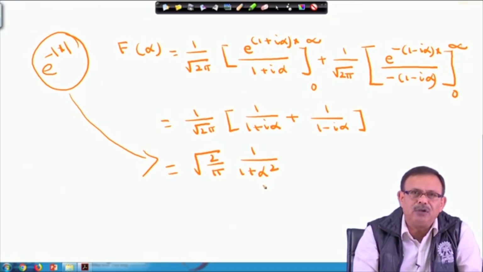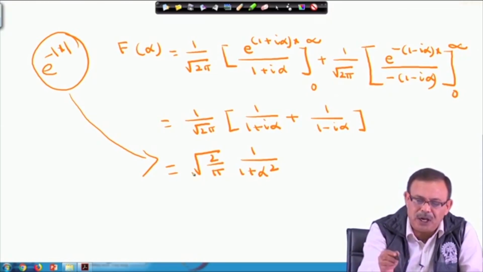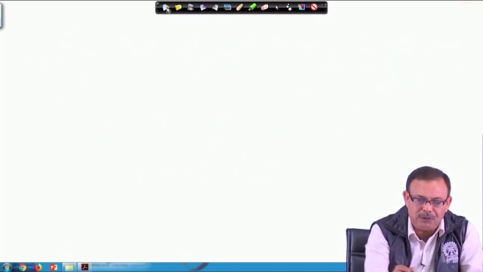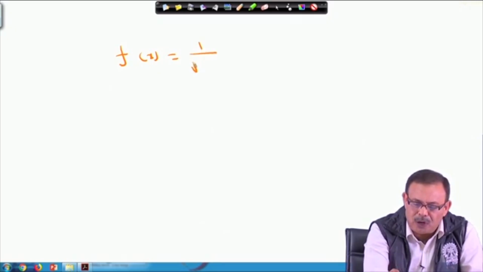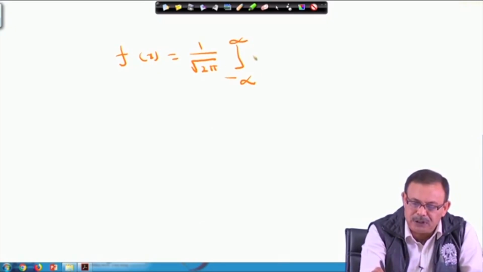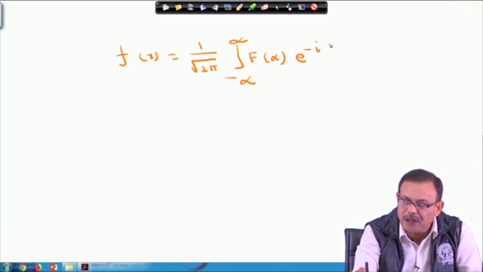To evaluate the value of the integral, I have to take the inverse Fourier transform. From here I can write, using the inverse Fourier transform, f x equals 1 by root over 2 pi, minus infinity to infinity, f of alpha into e power minus i alpha x d alpha.